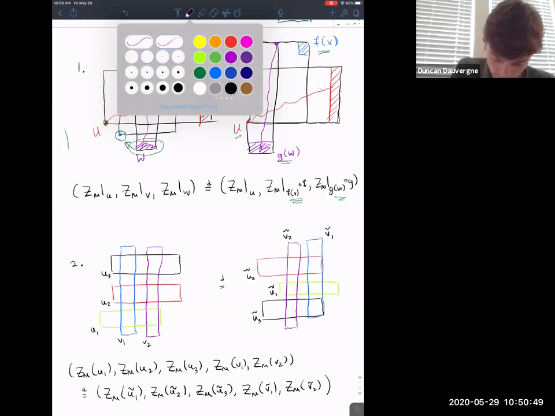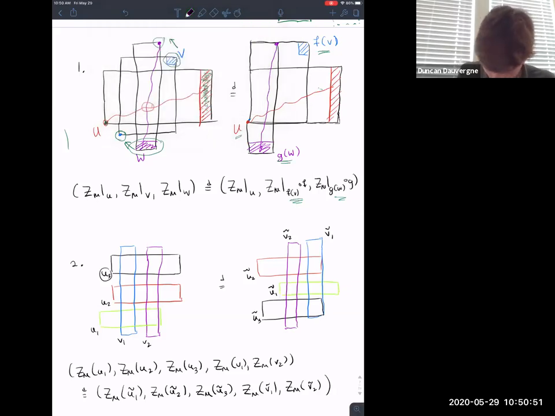So here, for example, I'm permuting the order of these 3 boxes, U3, U2, and U1. So U3 goes to U3 tilde, U1 is going to U1 tilde there, and U2 is going to U2 tilde over here. And I've also permuted the V's.